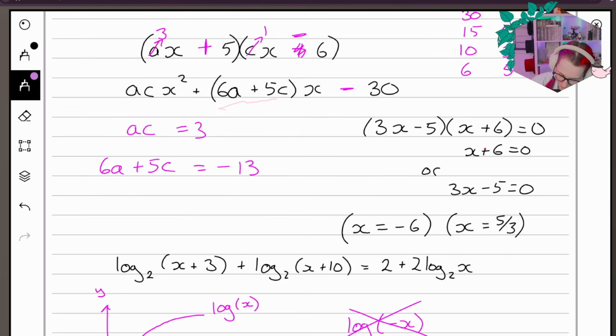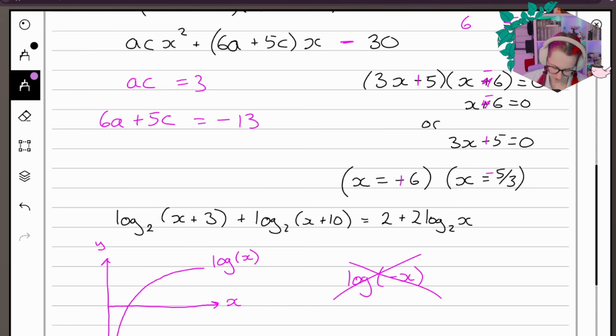Yeah, okay. Oh no, that's... Yeah, sorry. Minus, plus, minus, plus, minus, plus. Okay. Apologies. So basically, we can't have x be negative, and here we take just log of x.